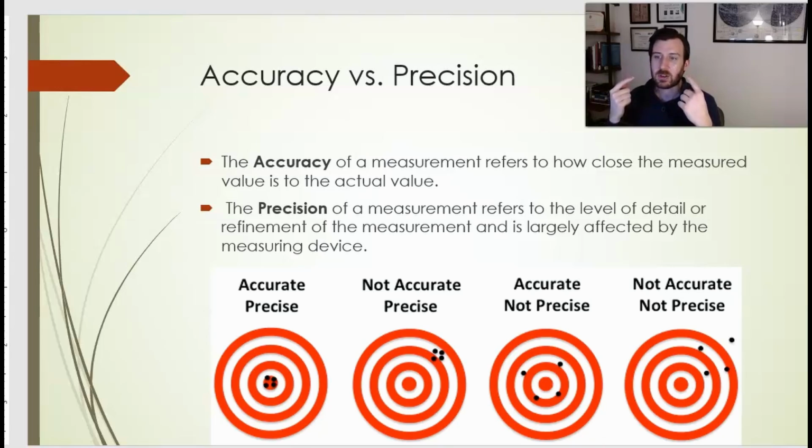So precision is the ability to trust that it will be consistent. It might be consistently wrong, but it'll be wrong in the same way. And so I can still use that data. I just need to make an adjustment. Does that help out?